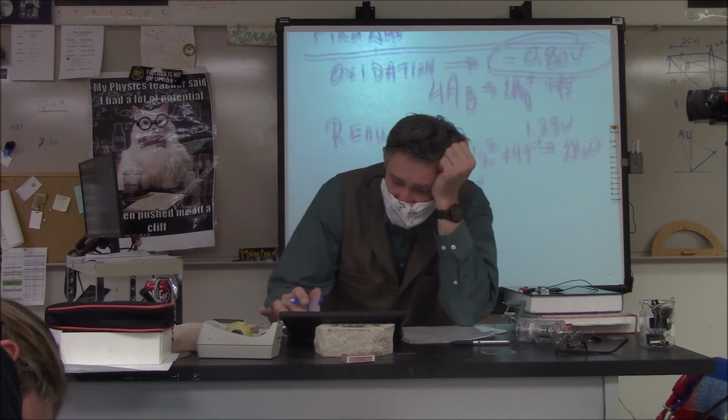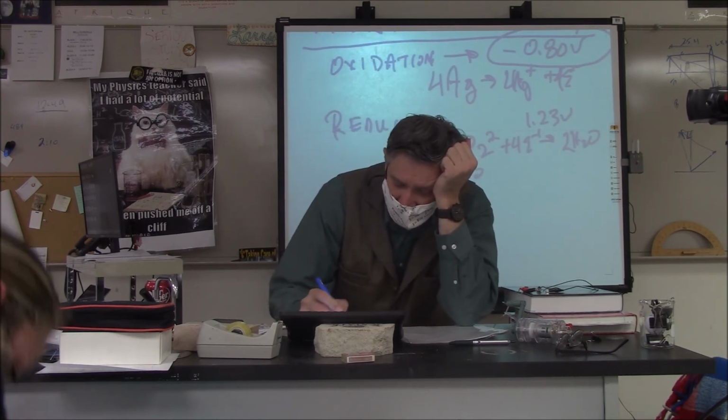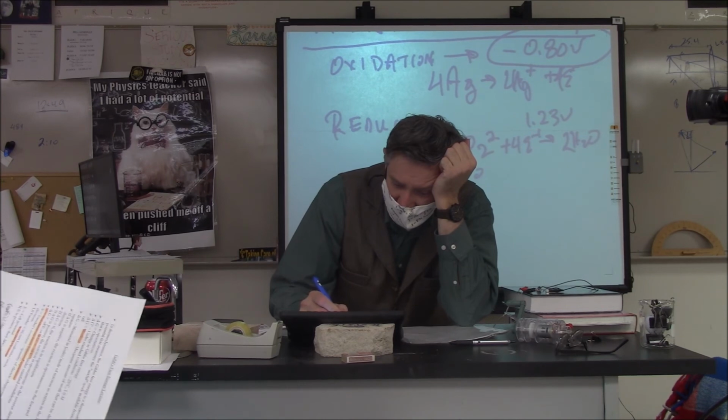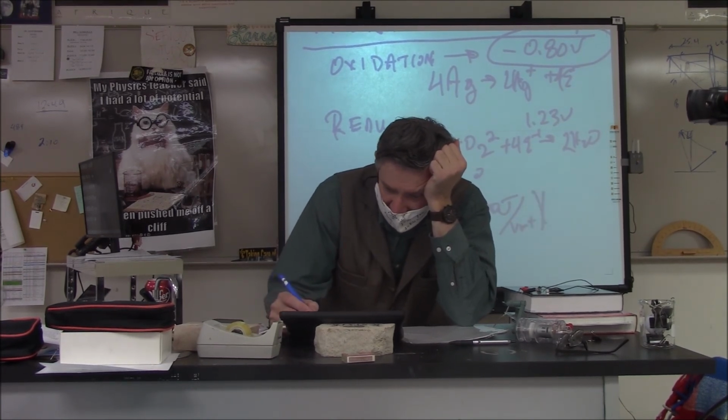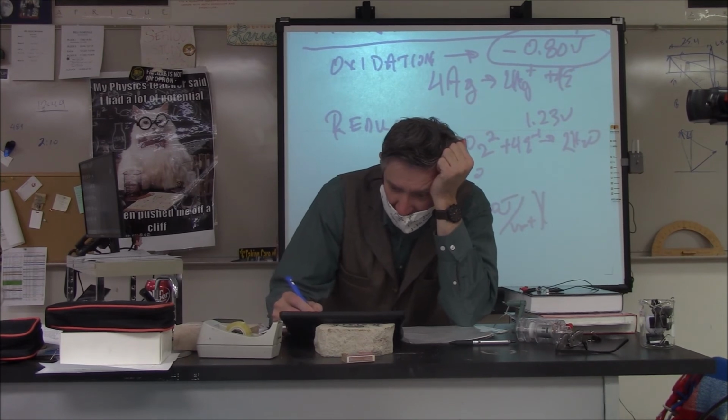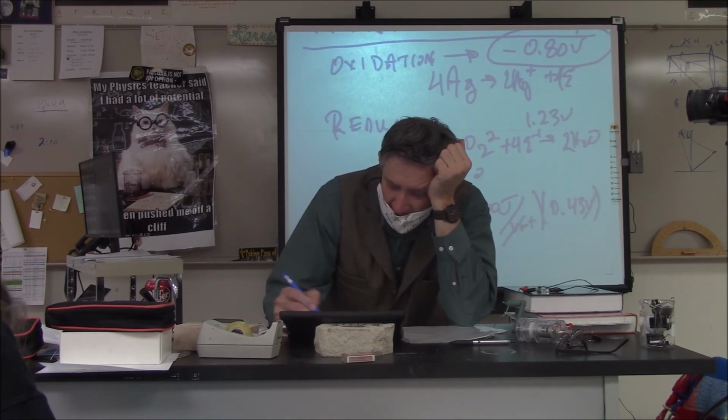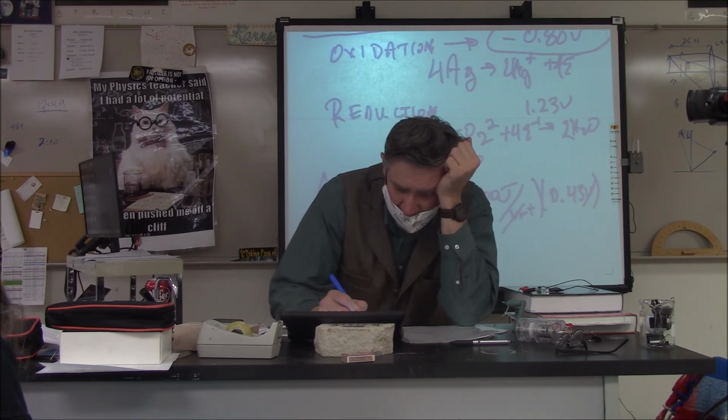So, you're going to have negative 4, and then you're going to have 96,500 joules per volt mole. And then, now what's my E naught value? It's going to be positive. Should be 0.43, I think. 1.2, yeah, 0.43 volts. So my volts are going to cancel out. I'm going to get joules per mole.